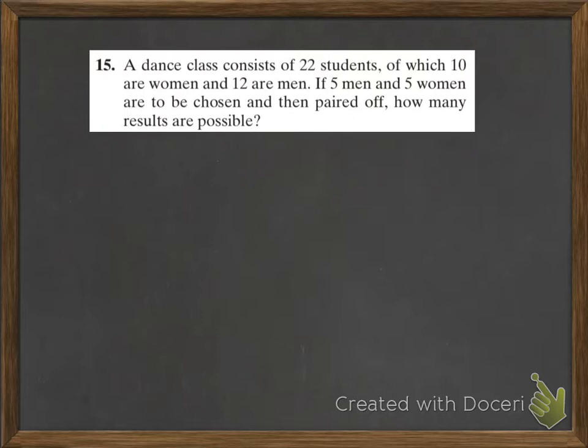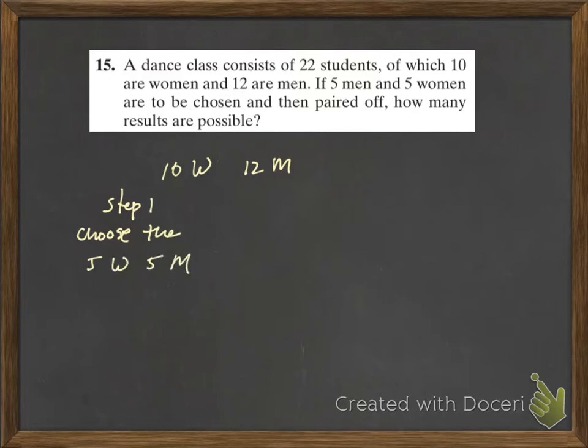Let's get started. So number 15, a dance class consists of 22 students, of which 10 are women and 12 are men. If 5 men and 5 women are to be chosen and then paired off, how many results are possible? Well, we have some steps to complete here. So step 1 is going to be to choose the 5 women and the 5 men.